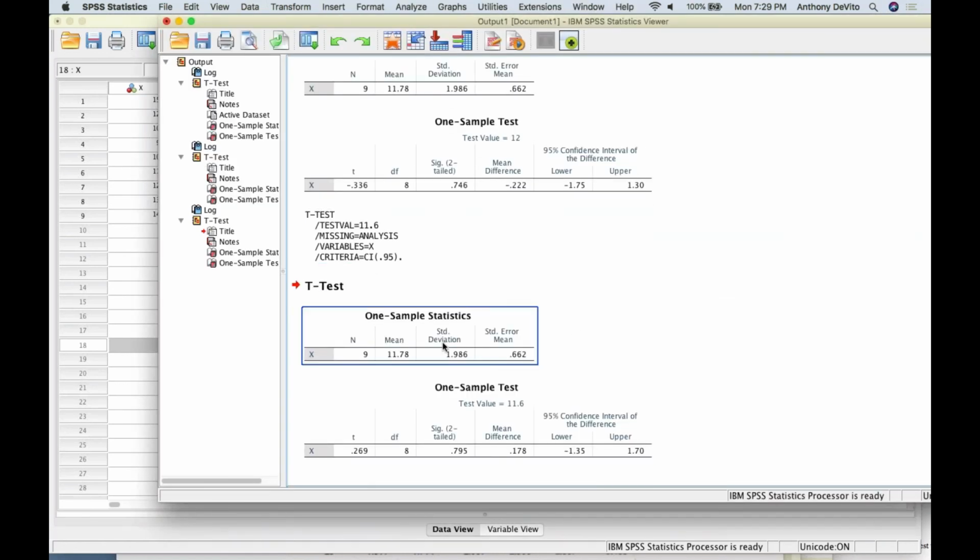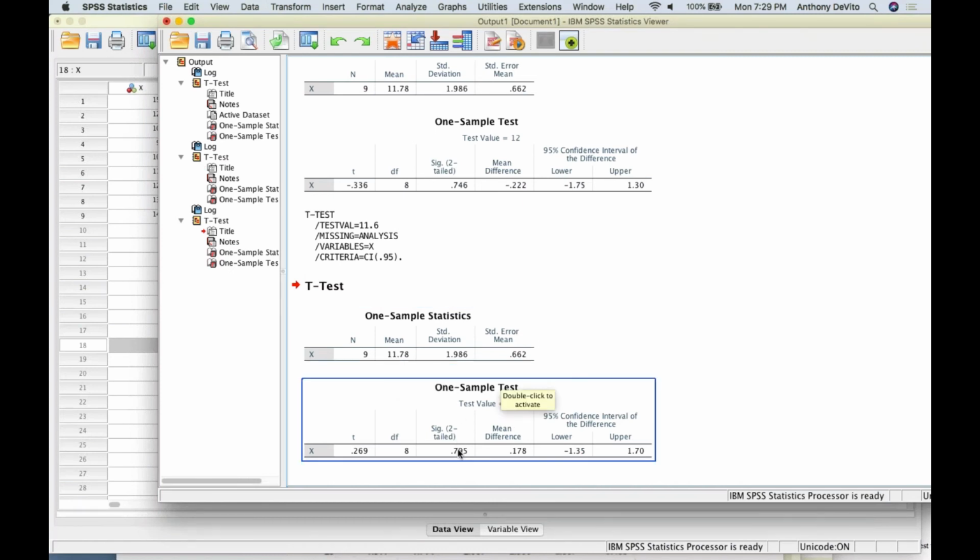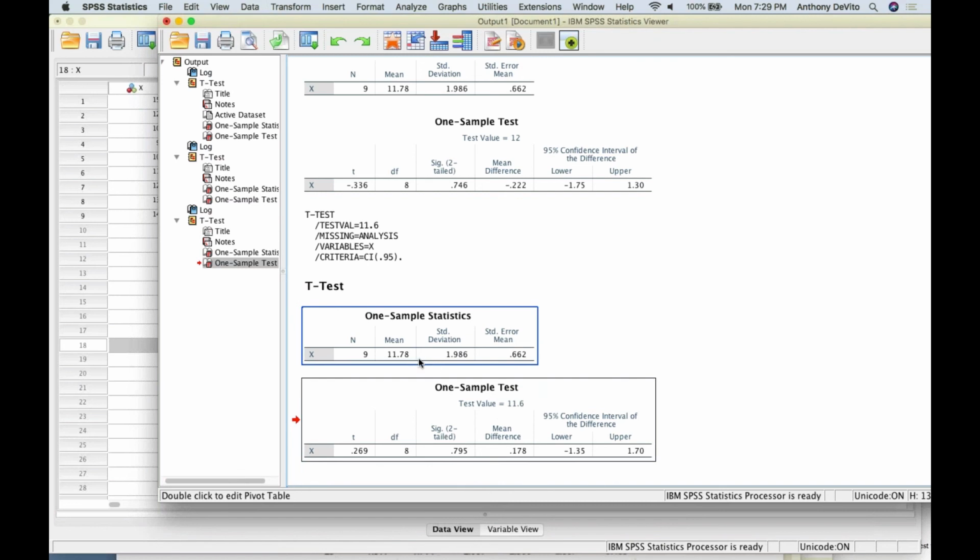Why is this doing this to me? One sample t-test, degrees of freedom, the mean, standard error.